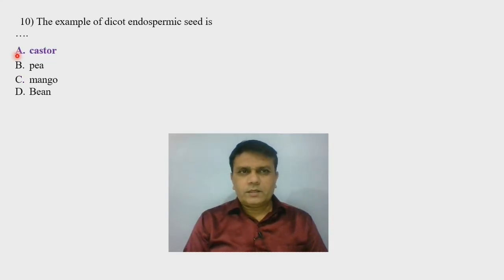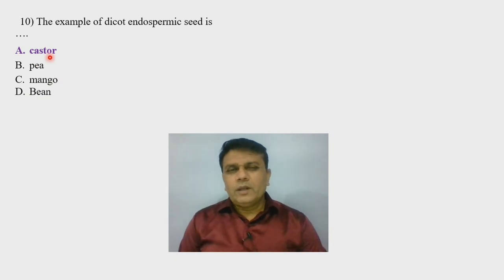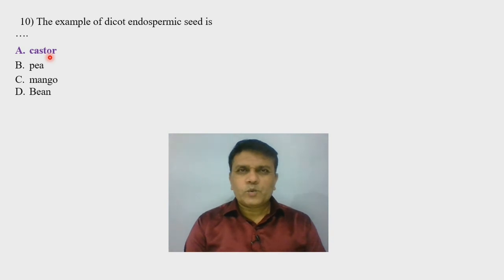Then the last MCQ is, the example of dicot endospermic seed is dash. The options given are A. Castor, then B. Pea, C. Mango, and D. Bean. And the correct alternative is castor. Now you know that endospermic seeds are those which show presence of endosperm even after maturity.